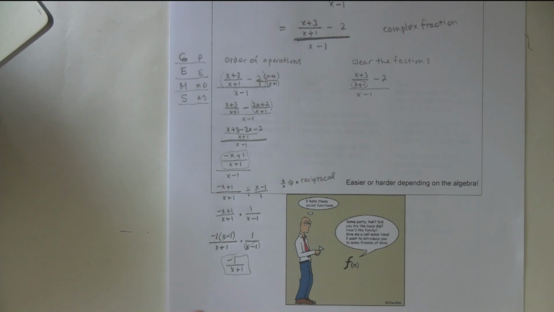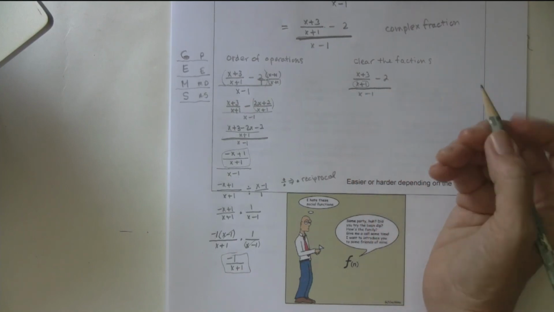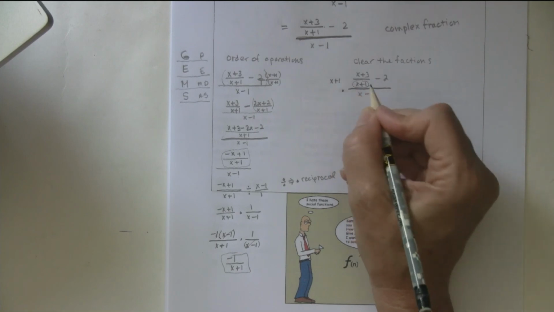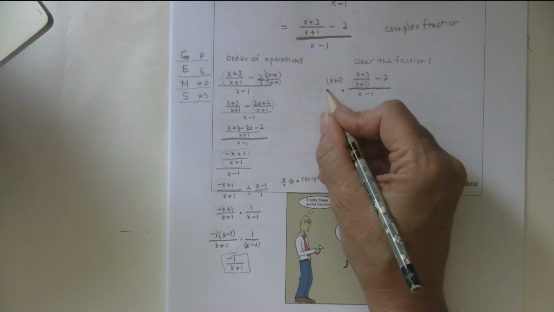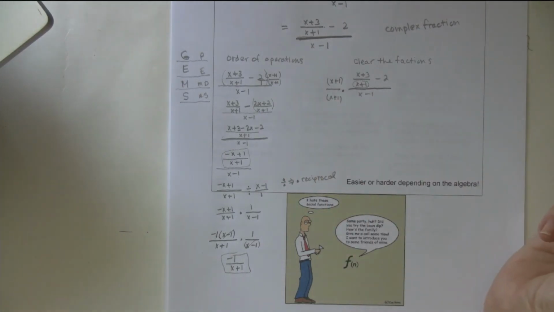And you can't just multiply it to the numerator. You have to do it to the numerator and the denominator. So physically, the idea is that I'm going to multiply the top by x plus 1 and the bottom of this fraction by x plus 1.